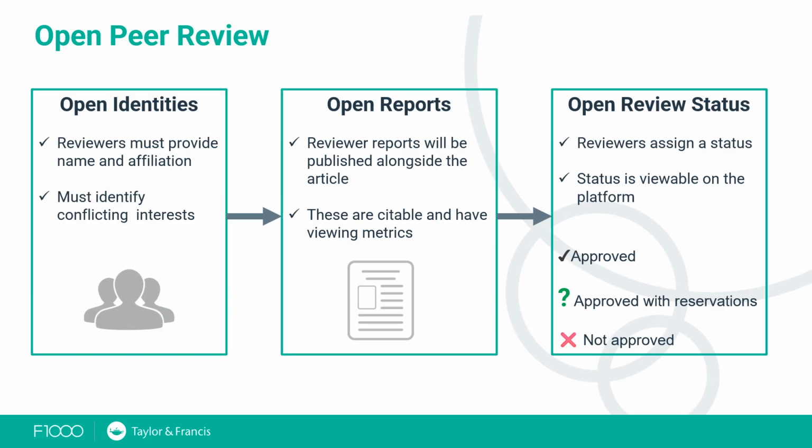So an article will have passed peer review if you have 2 approved reports, so 2 ticks, or 1 approved report and 2 approved with reservations. If you get 2 peer reviews, which is normally the case to begin with, and it's approved and approved with reservations, then you would have to revise in order to have a chance of passing peer review.